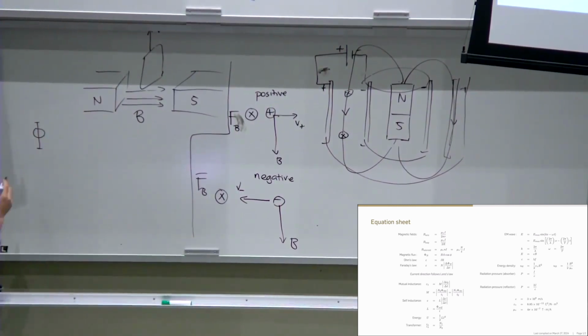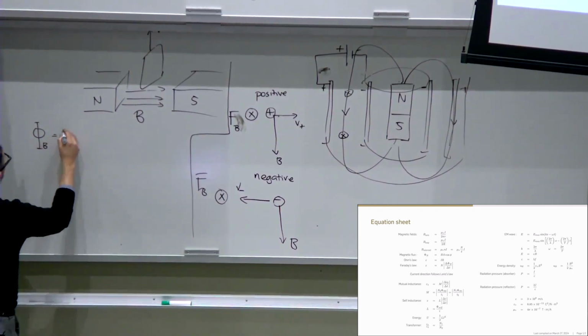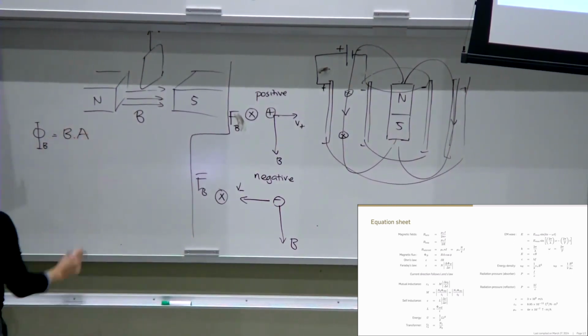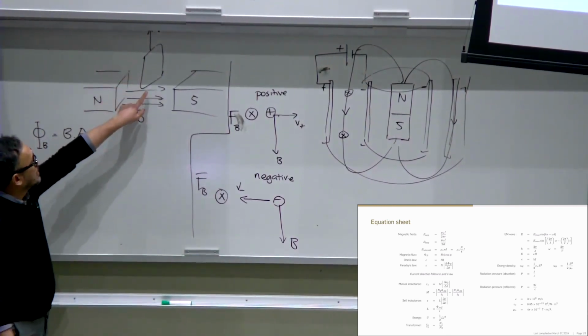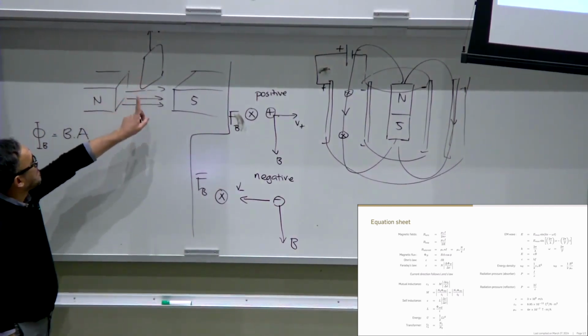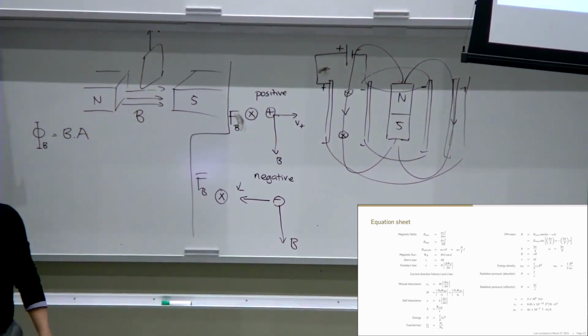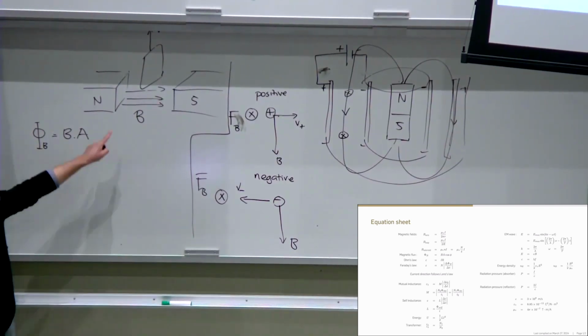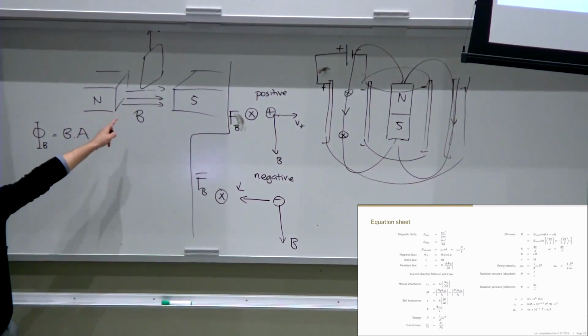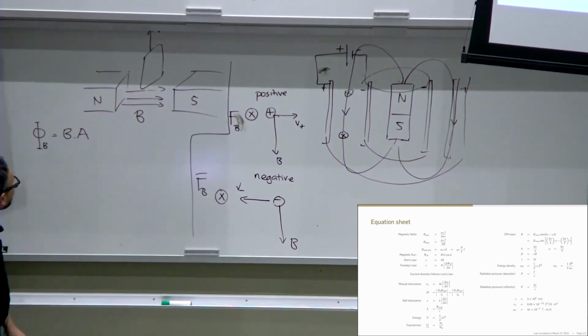Flux is equal to B times A. And if you move the loop upward, the flux will increase or decrease? Who says it will increase? Nobody. Who says the flux will decrease? Nobody. Okay. Most of it. Good.